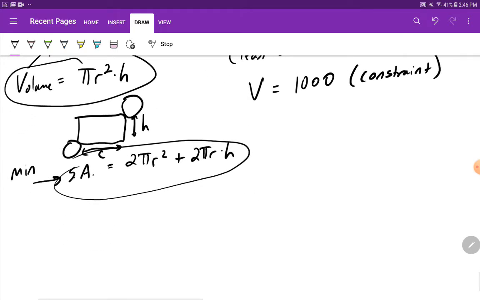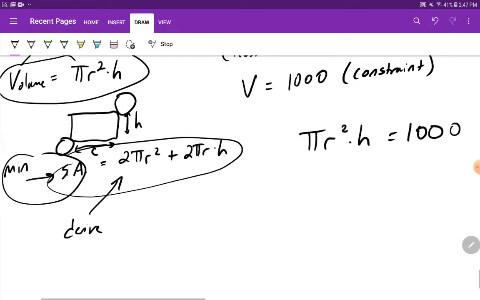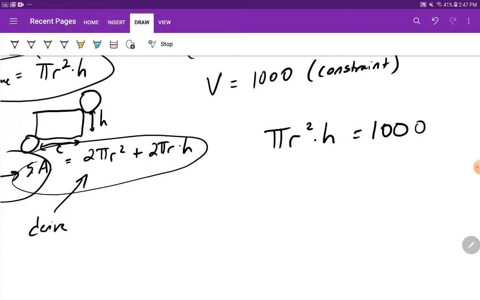So here we go. We're going to try to relate these two things, right? If we're trying to minimize the surface area, this is the one that we need to derive, okay? So we need to first use our volume function, right? If this is 1,000 centimeters cubed, well, then what we can do here is solve for h, because right now our equation is in terms of two variables, and that's not really useful to us.